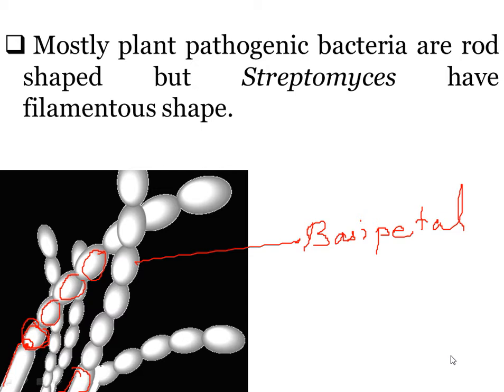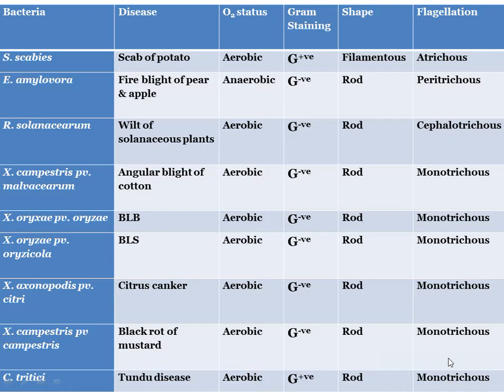Actually, more than 50% of antibiotics are produced by Streptomyces bacteria, right? But we should focus on plant disease. What is the role of Streptomyces in plant disease? Scab disease of potato is caused by Streptomyces scabies. Now we discuss the main bacterial plant diseases with their causal organisms and the morphological characteristic features of these bacteria.